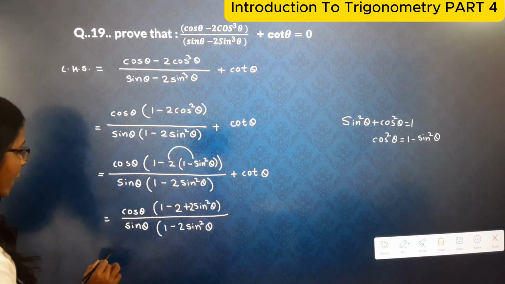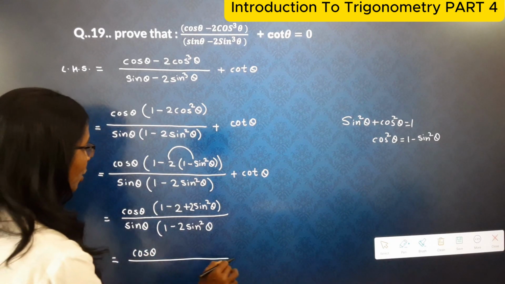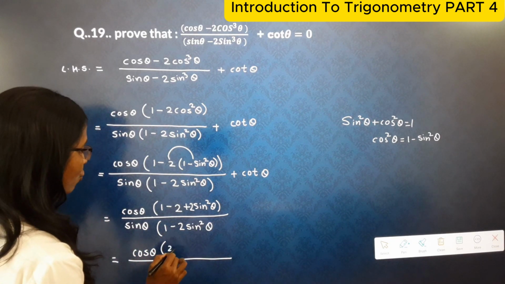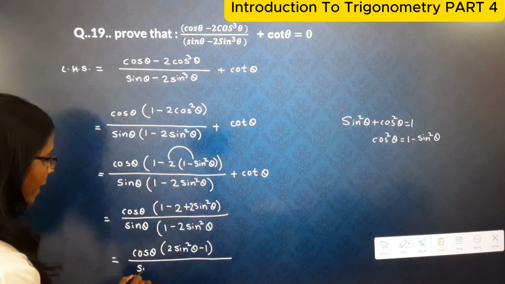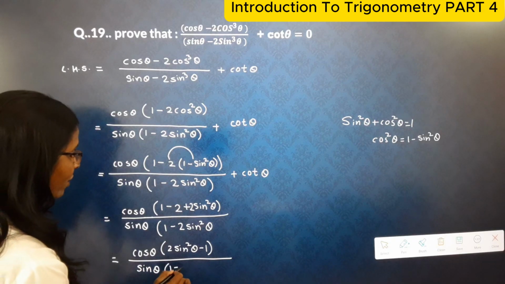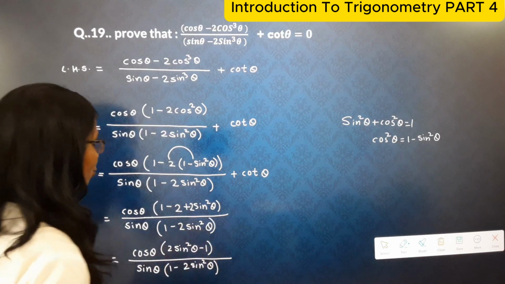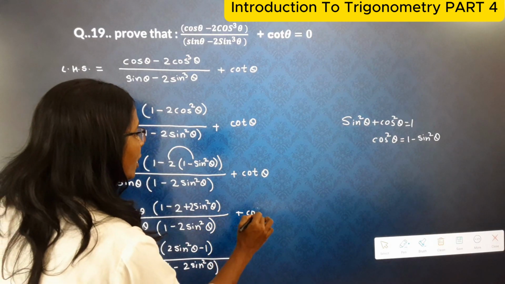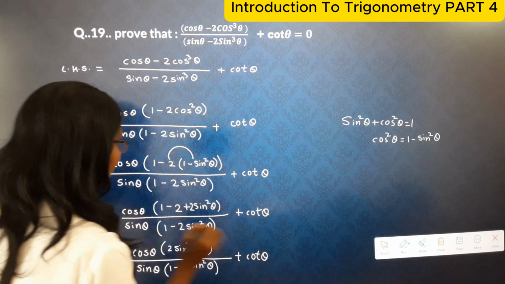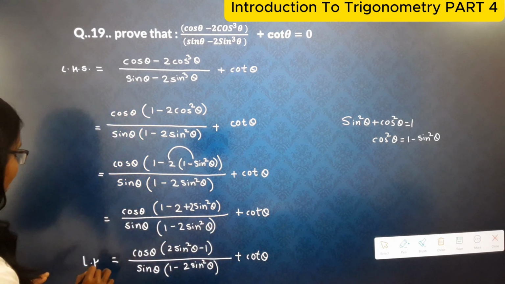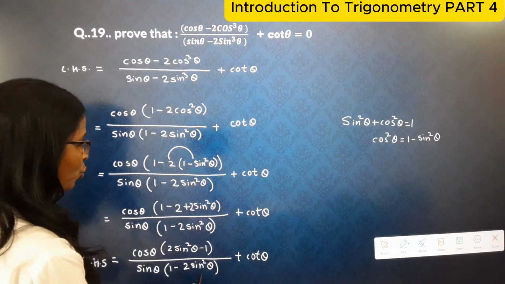So now here cos theta multiply 2 sin square theta minus 1, and sin theta multiply 1 minus 2 sin square theta. Now also write down cot theta as it is. So now see here, it is 2 sin square theta minus 1, and here 1 minus 2 sin square theta.